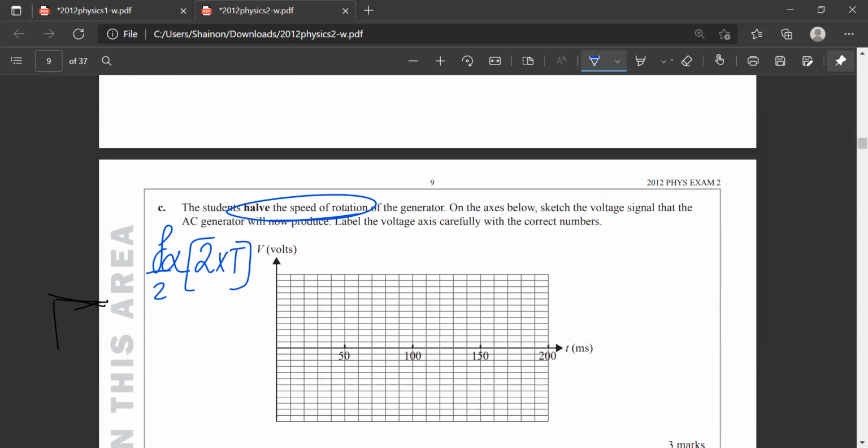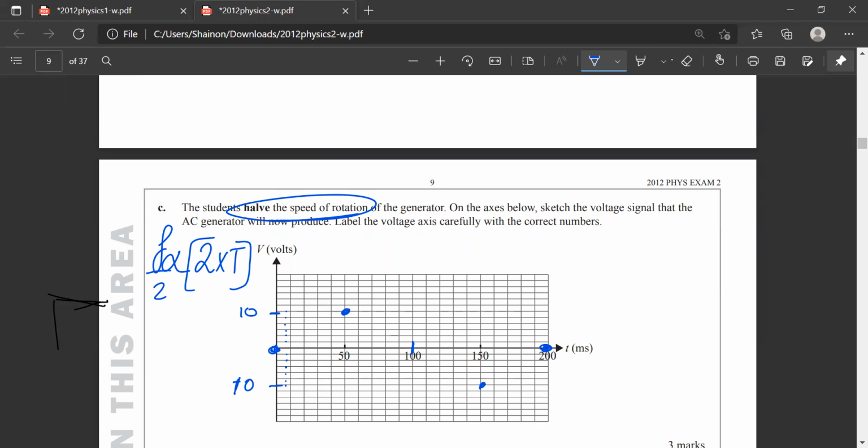So approximately it's going to be around here, 10. And it's going to go here, from here to here, and it's going to reach 150.